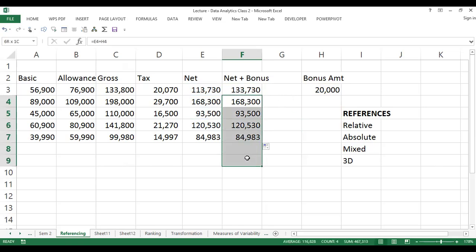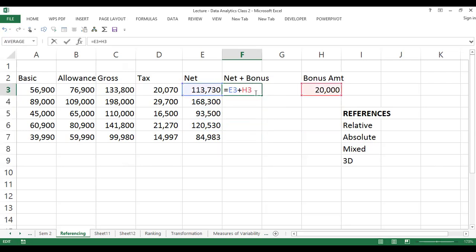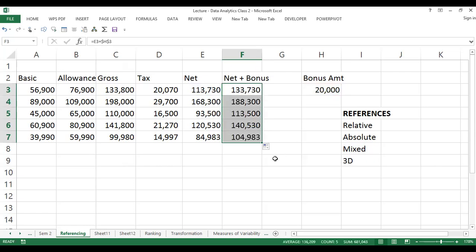So to stop that from happening, you have to use absolute referencing. You can just highlight that and press F4. So it will put a $ sign there. So that way it will be correct.